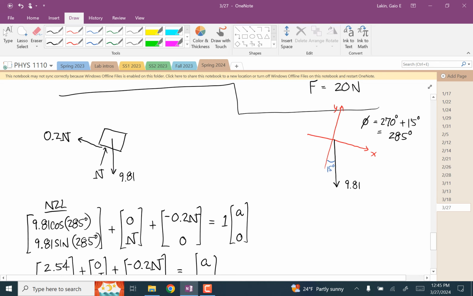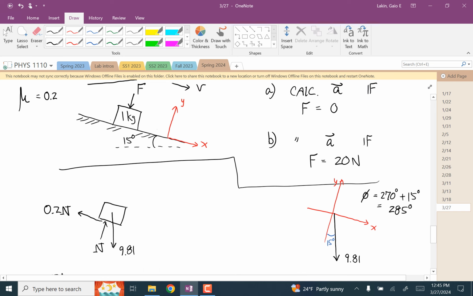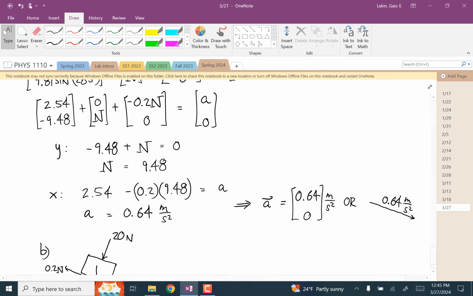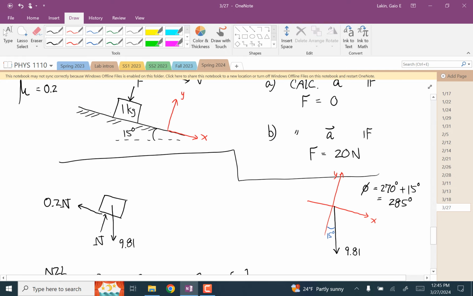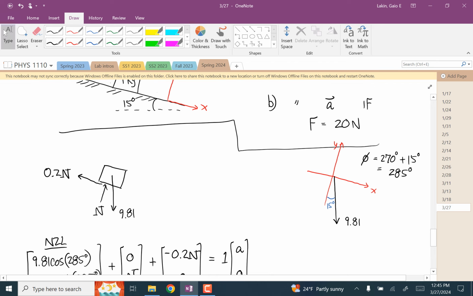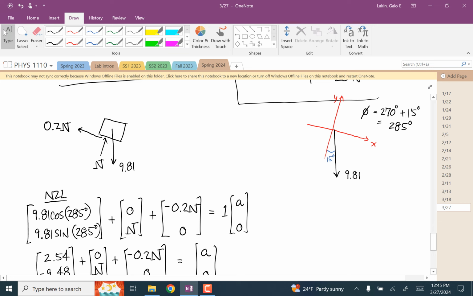Well, let's think about it. We know that the friction force is going to be higher because those two surfaces are being pressed closer together. So if the friction force is higher, let's think about what's happening. In the first example, is this thing speeding up or slowing down for part A? It's speeding up because velocity and acceleration are in the same direction.